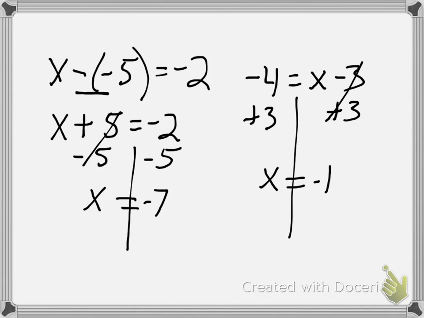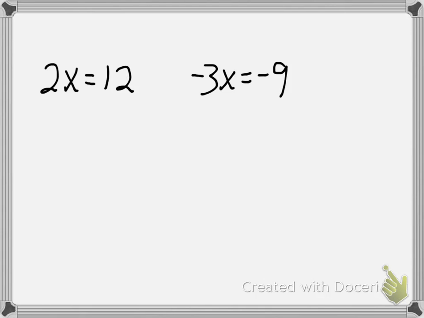Alright, so let's look at some multiplication and division one-step equations. So I'll clear the screen. Let's say I have 2x equals 12. Let's say I have negative 3x equals negative 9. So we'll look at those first. Anytime that you have a number right next to a variable, it's implied that it's multiplication.